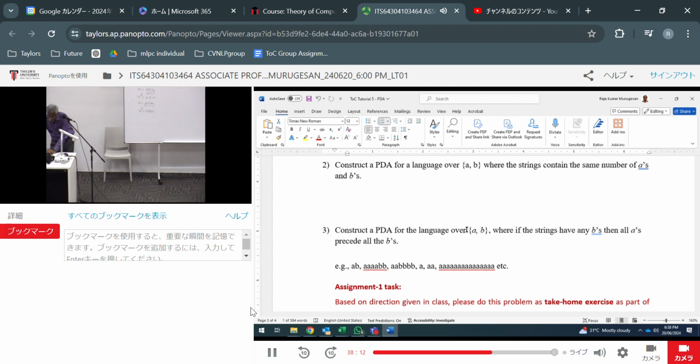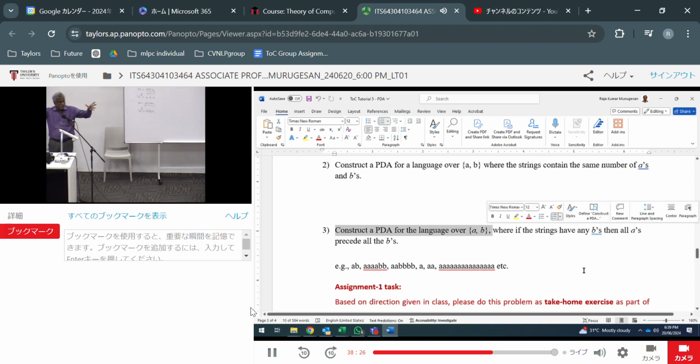Up to here, what it means is construct a PDA for the language over {A, B}. You see how I interpret, how I read this. The alphabet set is only A or B, only 2 alphabets. I don't read it as A comma B.